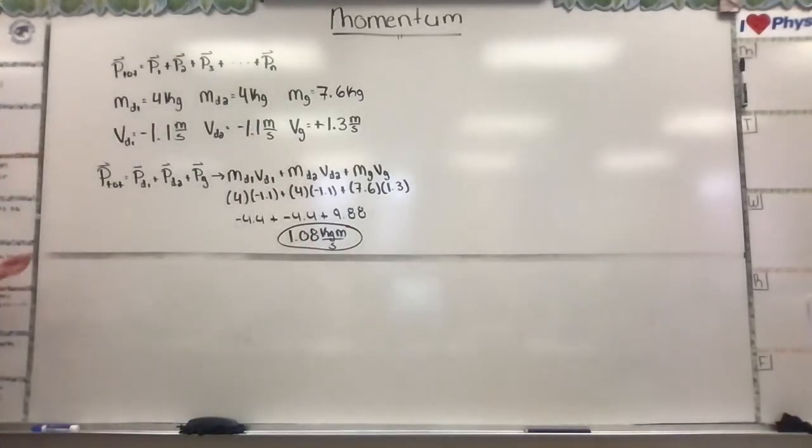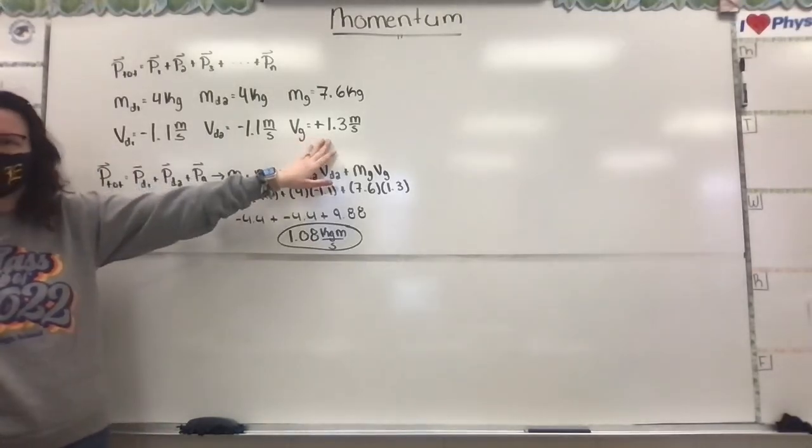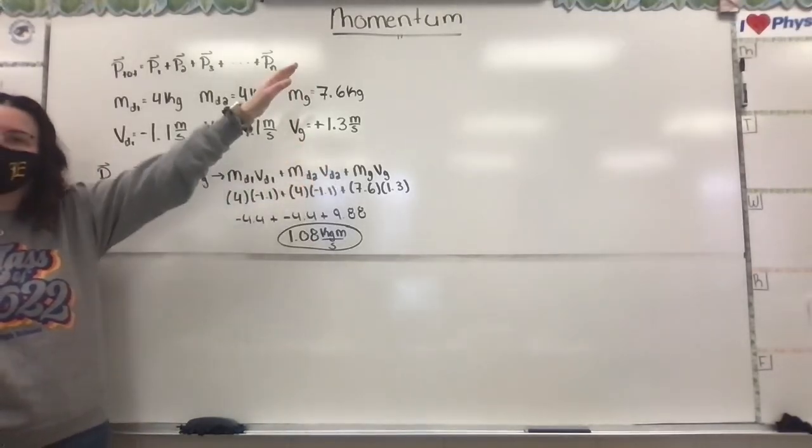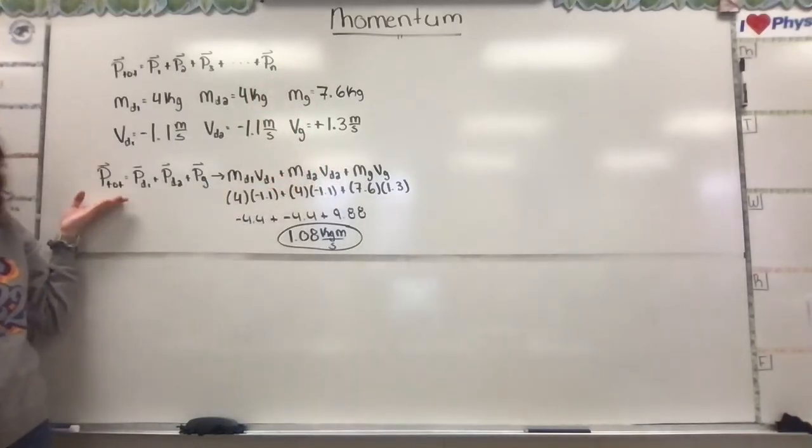Now, if the duck's velocity stayed the same, would this goose's velocity need to increase or decrease in order to make the total momentum equal to 0? Okay, if you want me to repeat it, you have to be quiet so you can hear me.